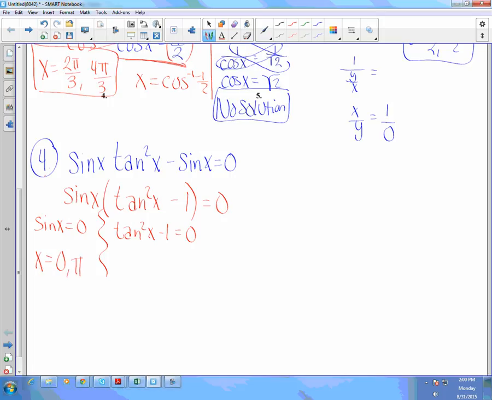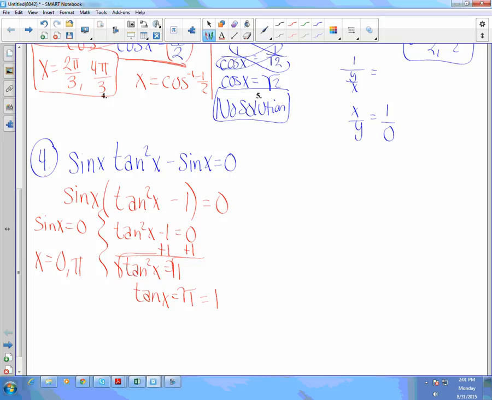We're going to have some more from the tangent. We solve out the tangent, we can go plus 1 to both sides. Tangent squared x equals 1. How do we fix the squared issue? Tangent of x equals the square root of 1, which is just 1. If we apply the square root ourselves, you have to be very careful.